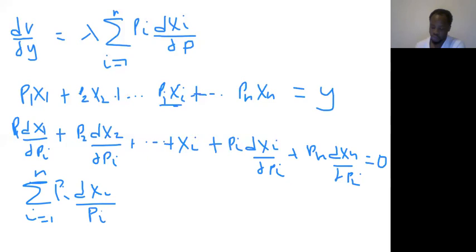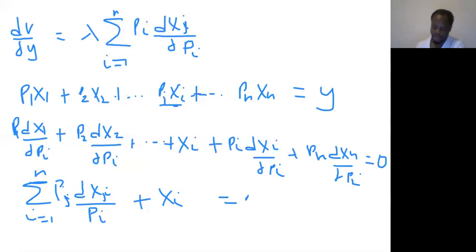Sorry, let me make this one sd. The sd is equal to plus xi is equal to 0, right?